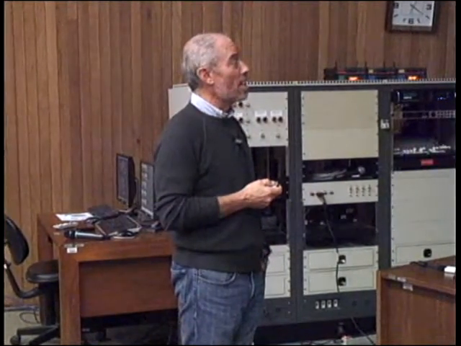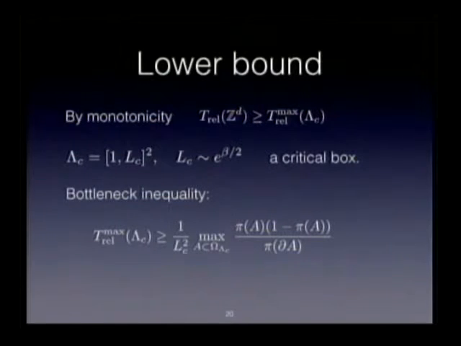So we choose, guided by this intuition that everything should occur on this equilibrium scale, which is, say, in 2 dimensions, 1 over root q. Okay? So we impose maximal boundary condition. And then we have just to lower bound the relaxation time in a finite region. And for that, we use the bottleneck inequality, okay, which is this one. Okay, so you have to find the max of this.